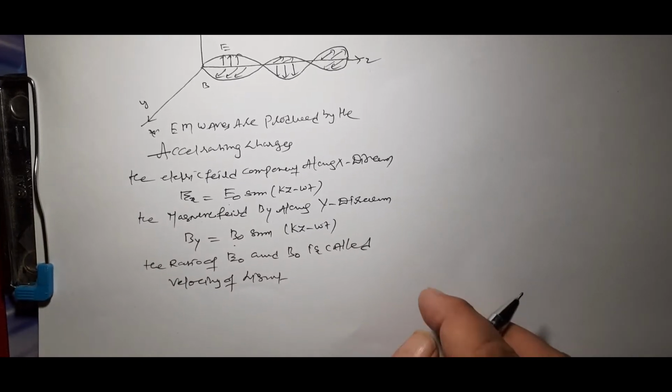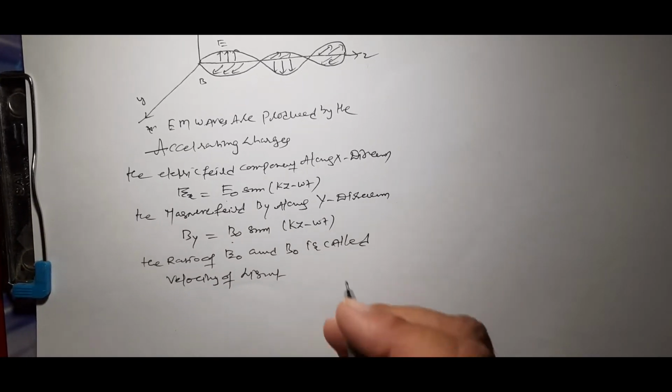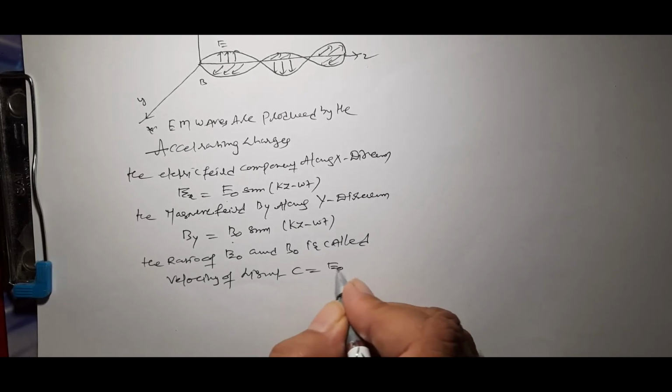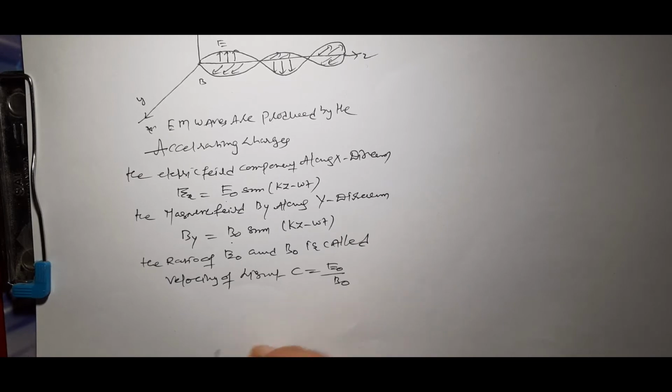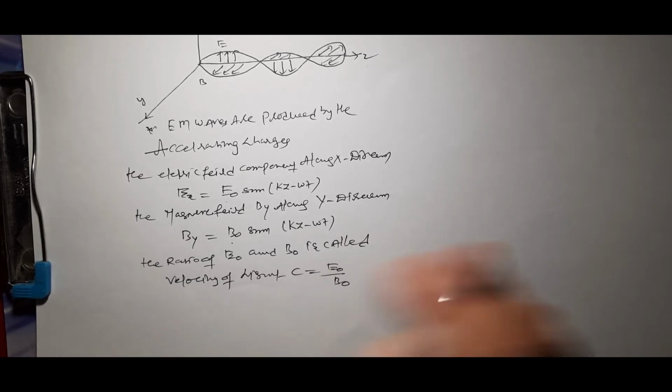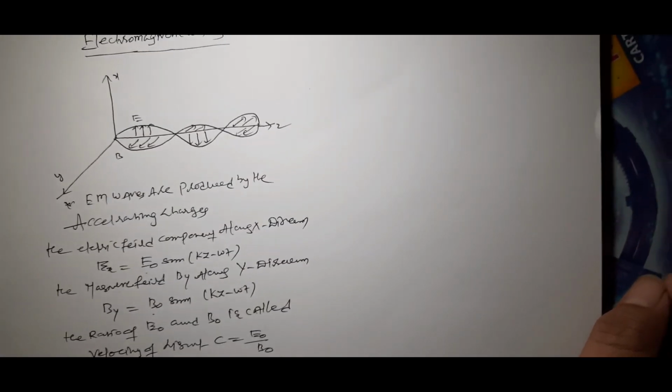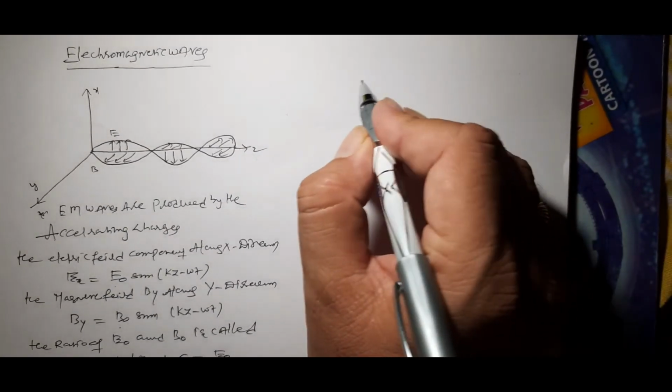So the ratio of maximum electric field to maximum magnetic field is equal to c, that is, c is equal to E naught by B naught. Now we are going to discuss some important characteristics of electromagnetic waves.